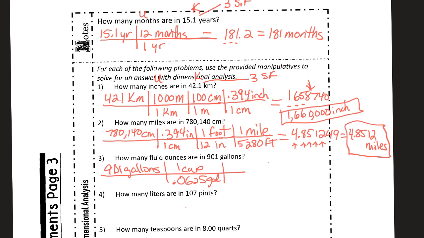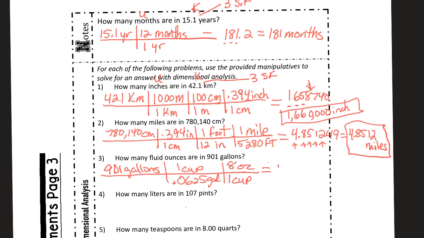Now I need to get to ounces, so I'm going to see if I have cups to. And all my units are canceling off, so I'm ready to put that in the calculator.